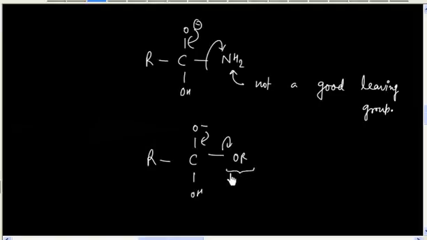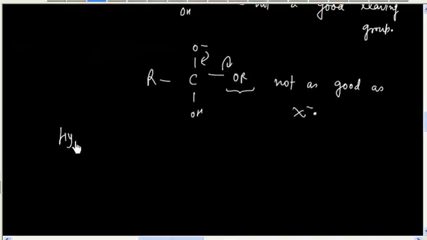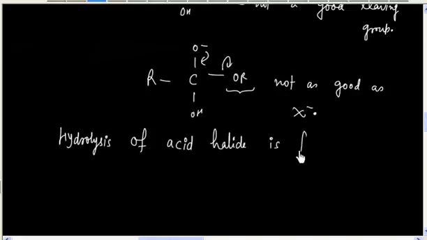This is also not as good as X minus, that is halogen. Thus hydrolysis of acid halide is fastest among all acid derivatives.